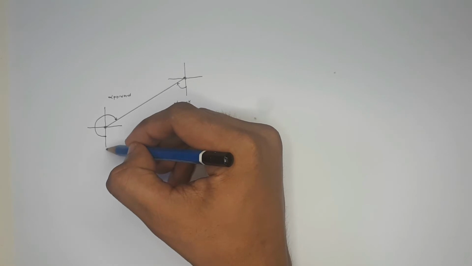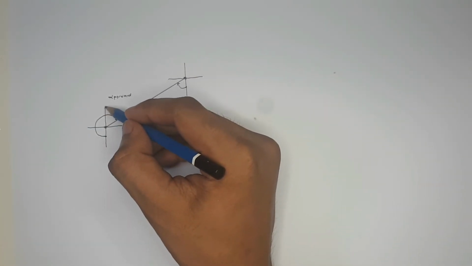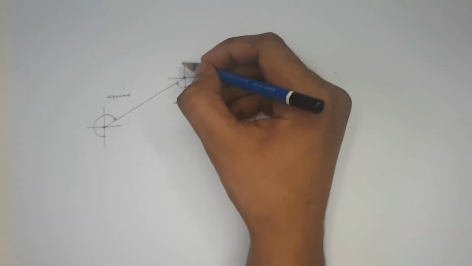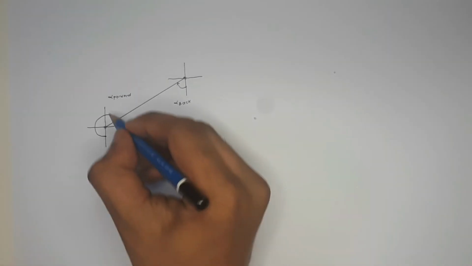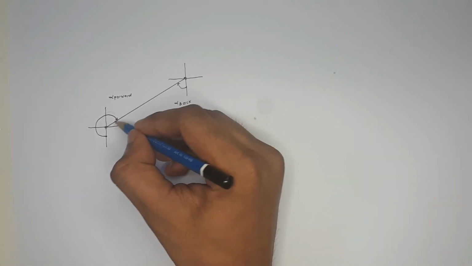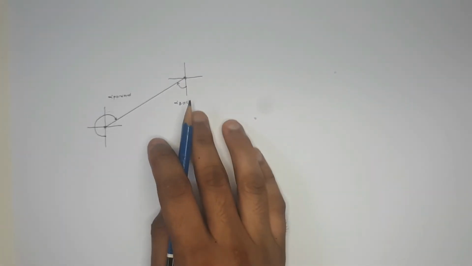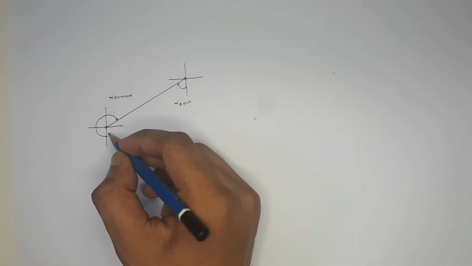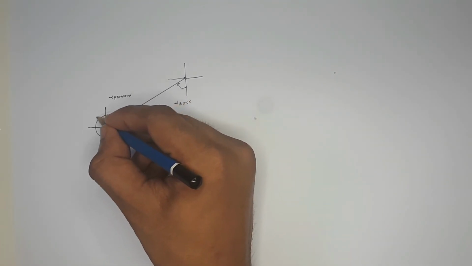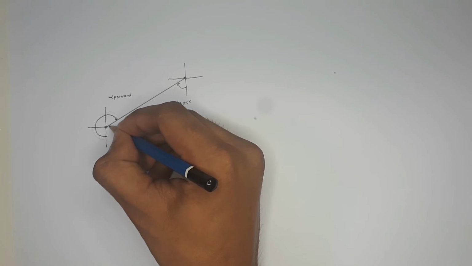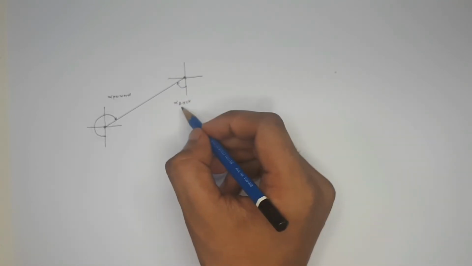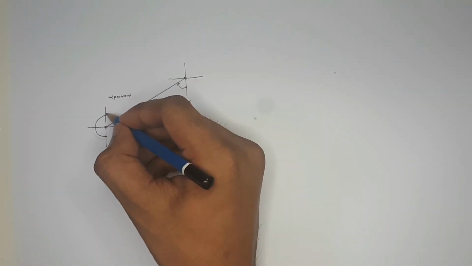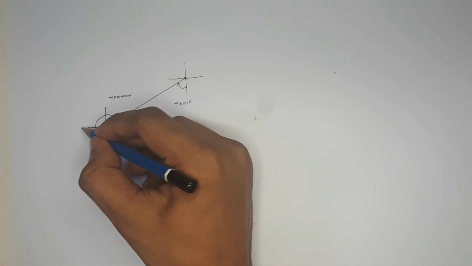So as you can see, the meridian line, the north-south line of point A and point B, are parallel to each other. So it means that this angle right here is also the same as the angle here. So they are the same. And we have this straight angle. So this means that the forward and the back azimuth differ from each other by exactly 180 degrees.